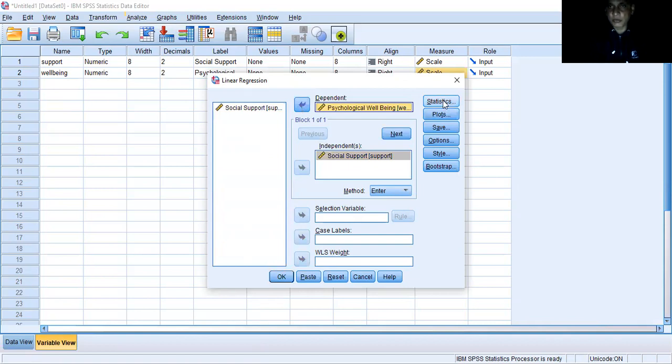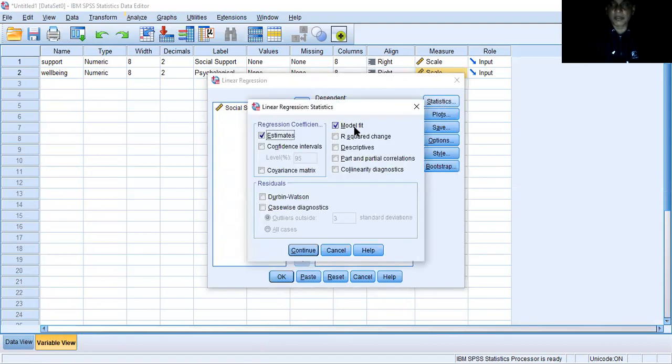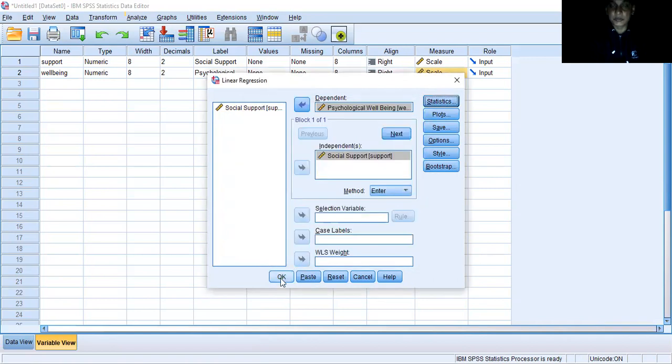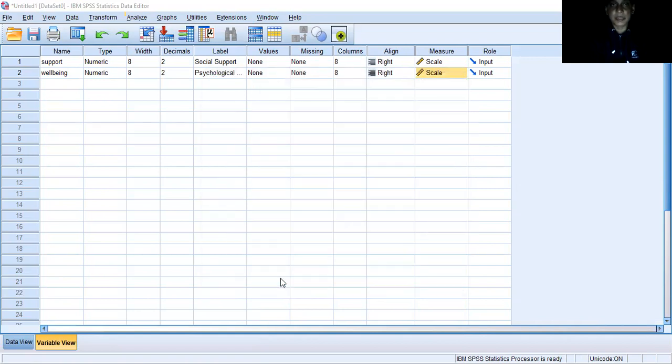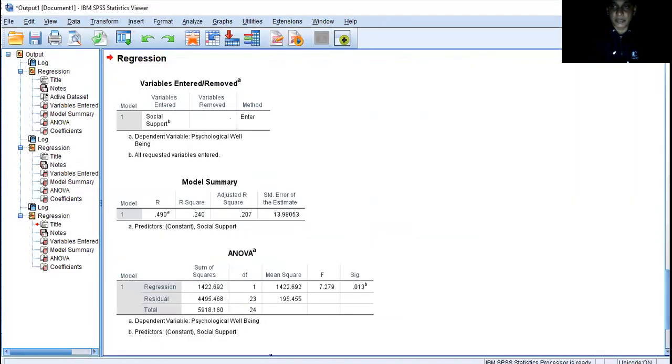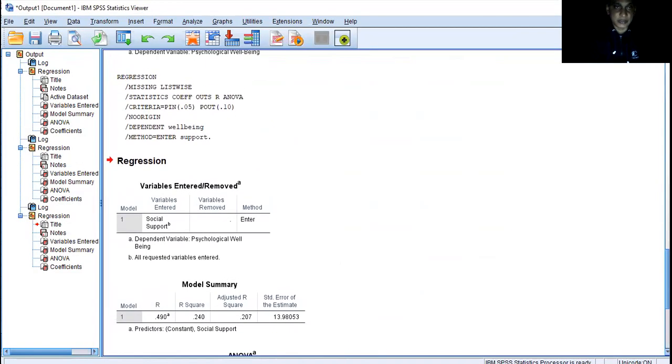I'm moving to Statistics, and already, if you look, Estimates and Model fit are by default clicked. So we are just moving to Continue, clicking on OK, and we are now with the output file, and I'm showing you the output file. So this is the output file, which is giving us the result.